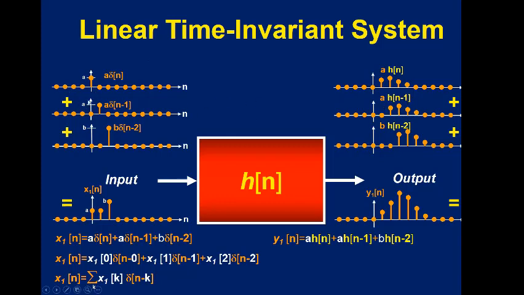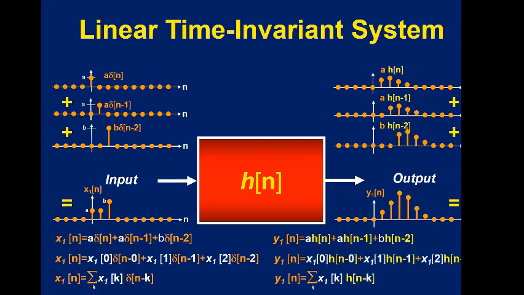So scaled by the same amount, because the system is linear and homogeneous, and shifted by the same amount because it's time invariant. So if we have a linear time invariant system, we can use this prediction method. We just break up the input into a bunch of scaled and shifted unit sample sequences, and the output is nothing more than an equally scaled, equally shifted collection of unit sample responses.